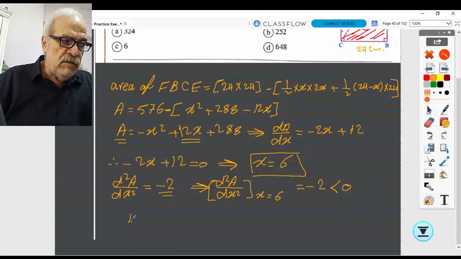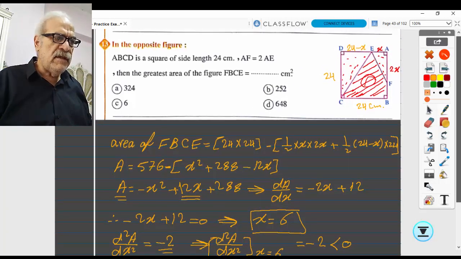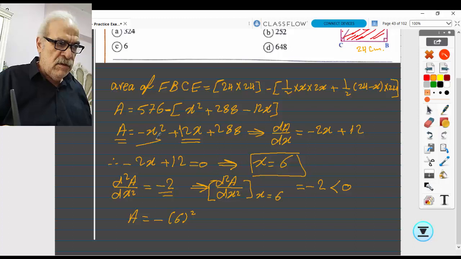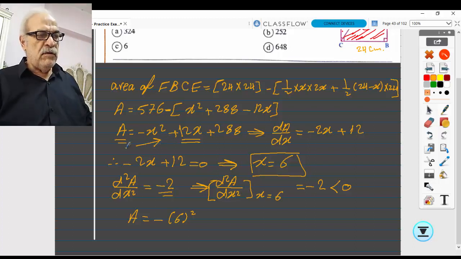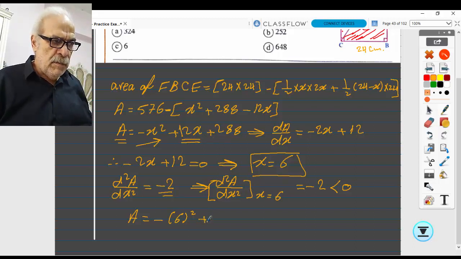And this value A is what is required, to find the greatest area. So the greatest area will be negative 6 power 2, here we substitute in A equals negative x squared plus 12x plus 288, plus 12 multiply 6 plus 288.